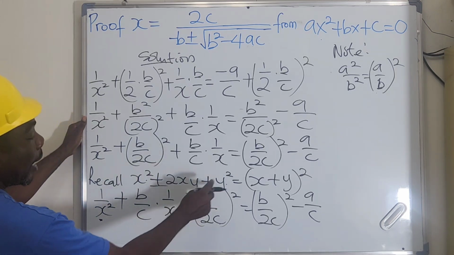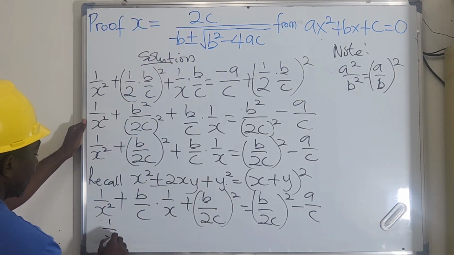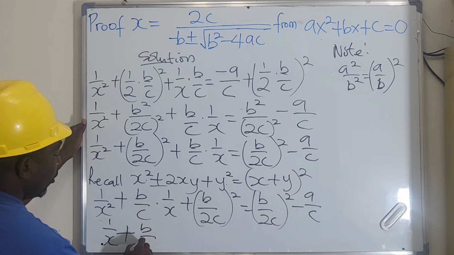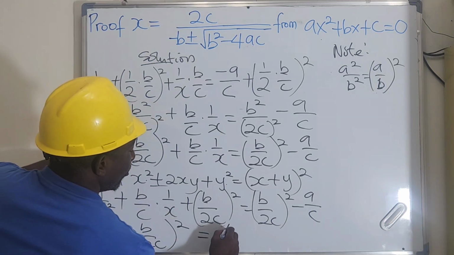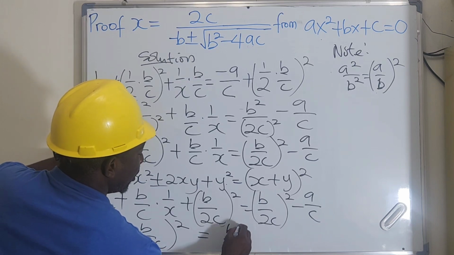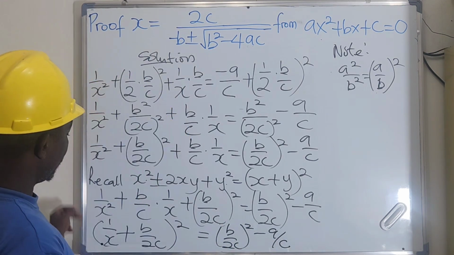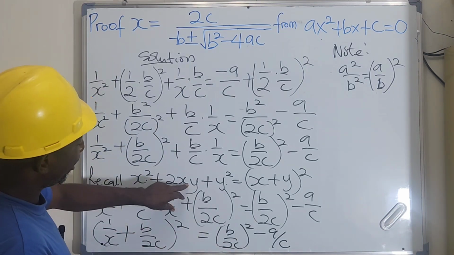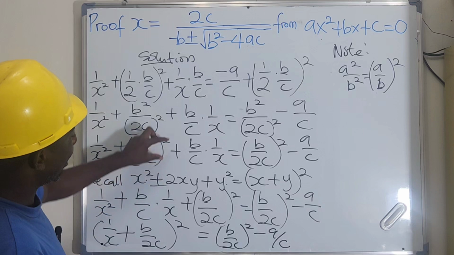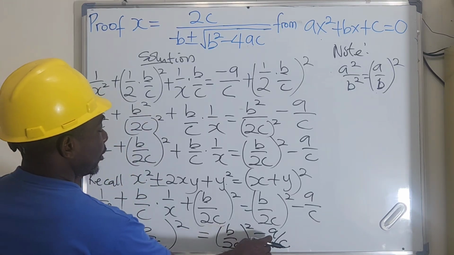So what we are having now will be 1 all over x plus b all over 2c all squared equals to b all over 2c all squared minus a all over c. So this is our new equation now, from comparing what we have here and what we have here. So we are going to move over to this other side.